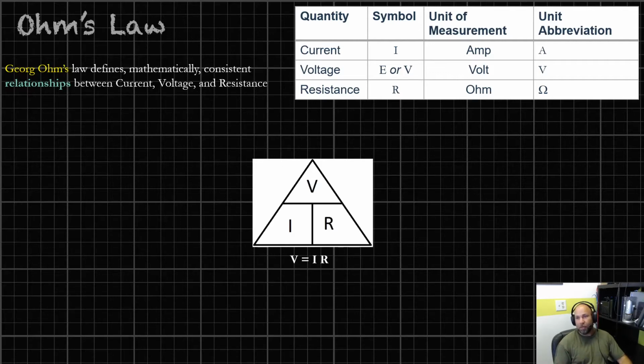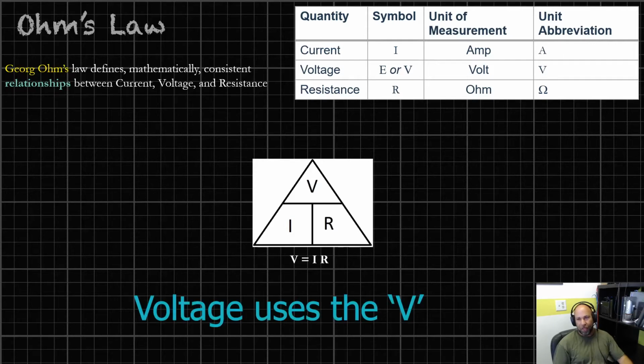The measurement of current is the amp. The measurement of voltage is the volt, and resistance is measured in the ohm, after George himself, right? We have unit abbreviations: for the amp we use a capital A, for the volt a capital V, and for the ohm we use the omega symbol.